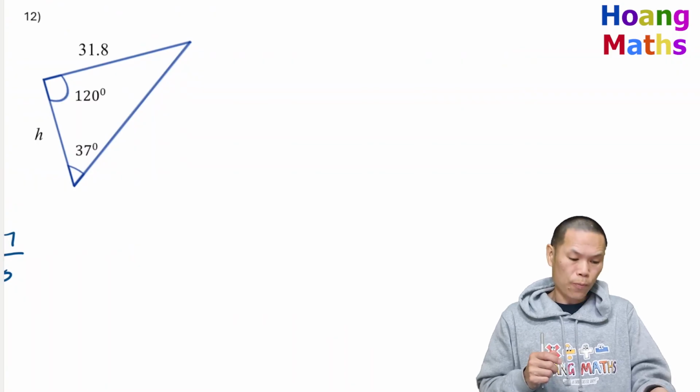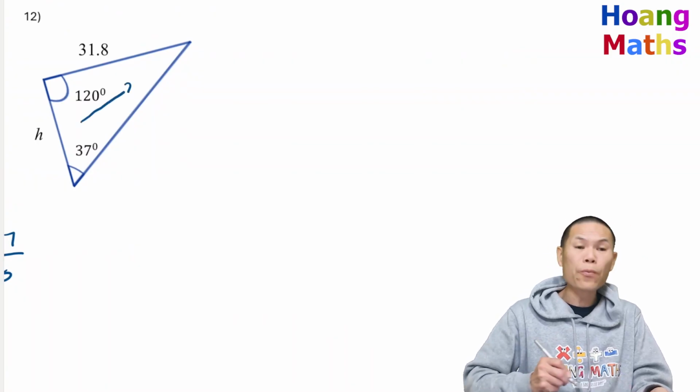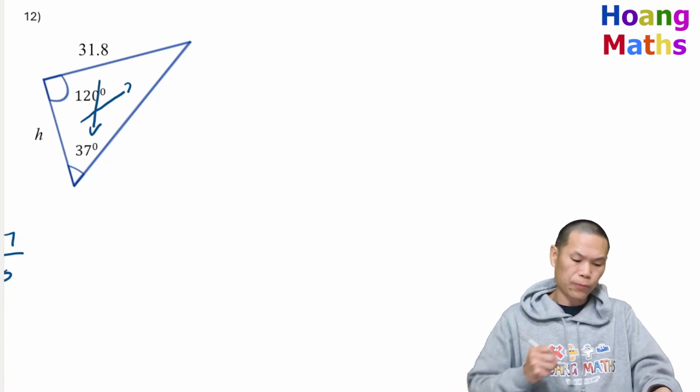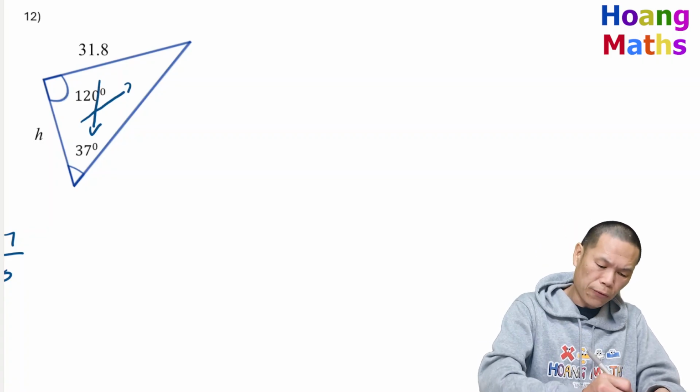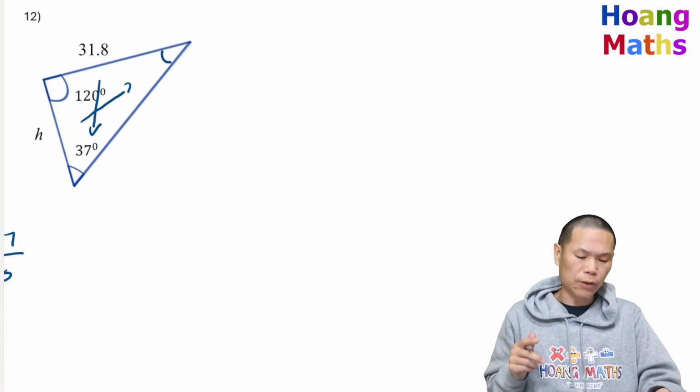Question number 12. So we know H is opposite of this angle and 31.8 is opposite of this angle. So keep that in mind. So we need to find this angle first, and we cannot have two unknown values, okay?